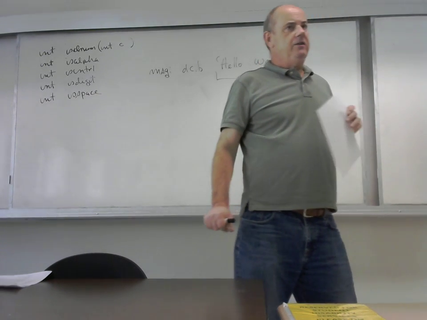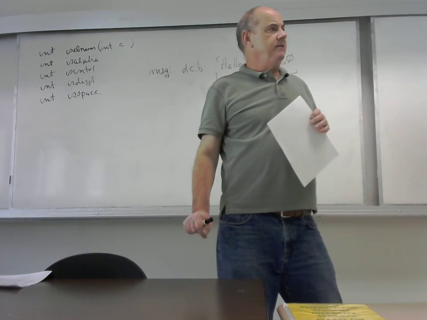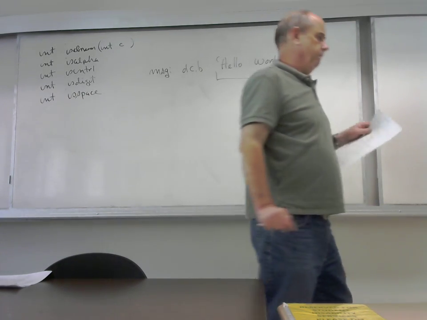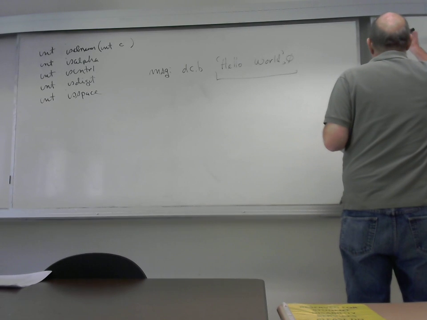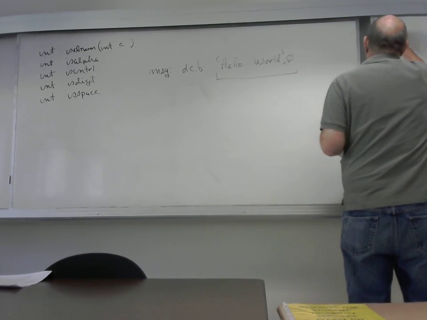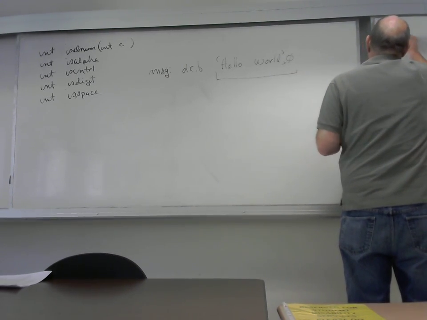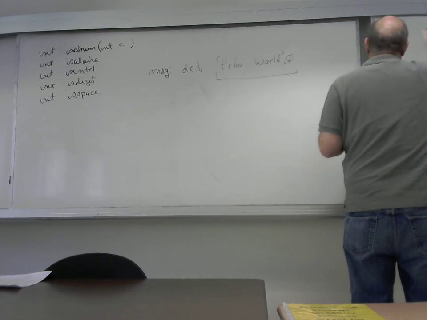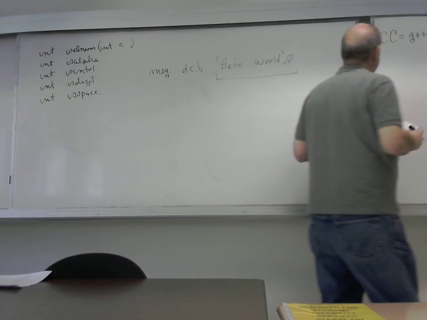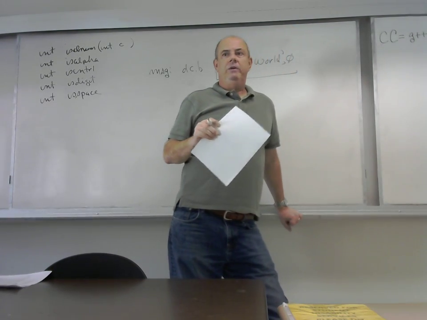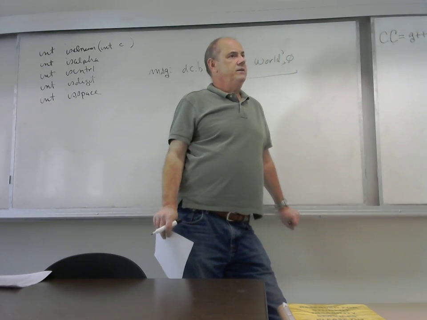So, okay, to start out with, you can comment things out if you need to with the pound sign. Then it's a good idea to use variables, or they're actually constants here. CC equals G++. So we define this symbol CC.